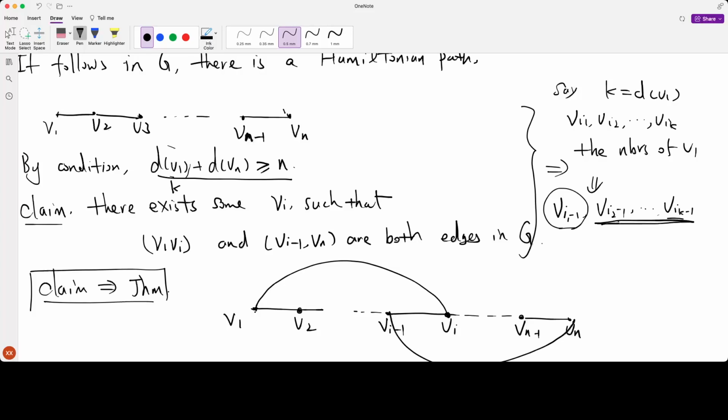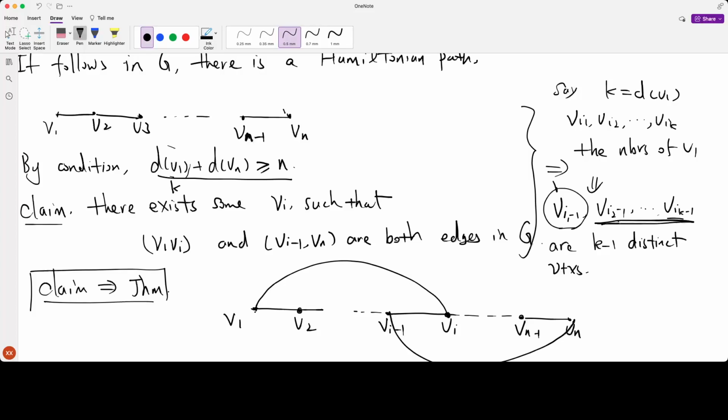So if you ignore the first one, because it possibly equals v1, the remaining are k minus 1 distinct vertices. Okay, and we are trying to prove that one of them must join an edge to vn. Suppose not. Suppose none of them has an edge to Vn.